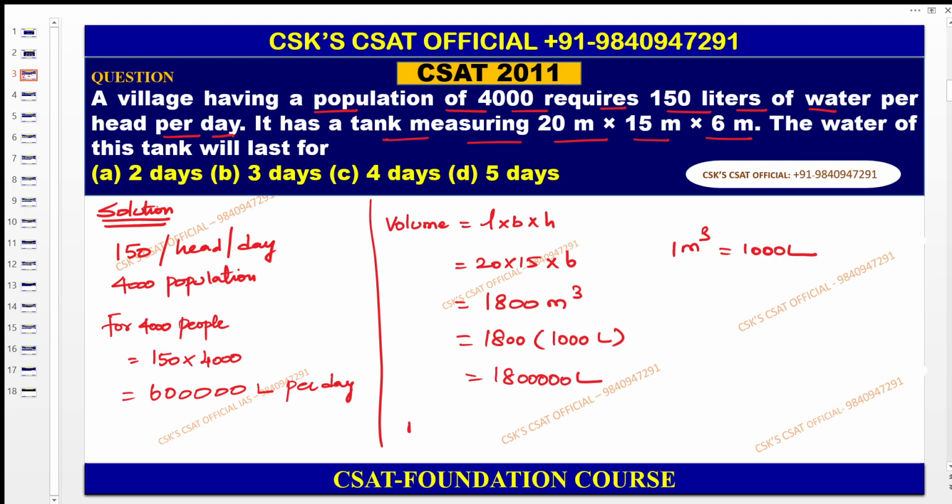Then easily you can calculate the number of days. Number of days is equal to this much volume by per day. So 5 zeros get cancelled. Then this is nothing but 3. So 3 days only the tank will last. So the answer is 3.